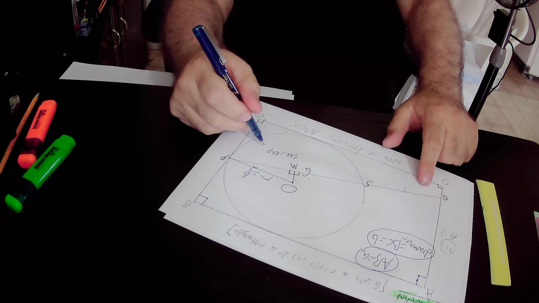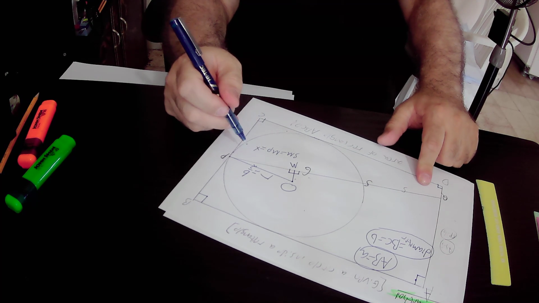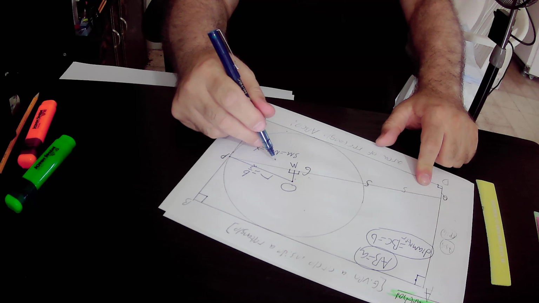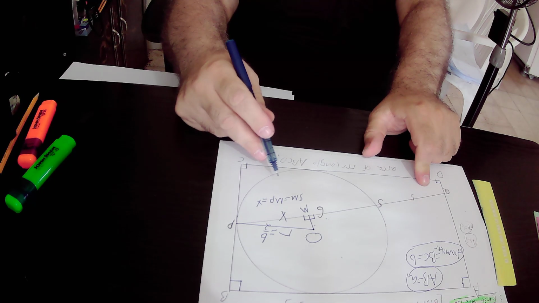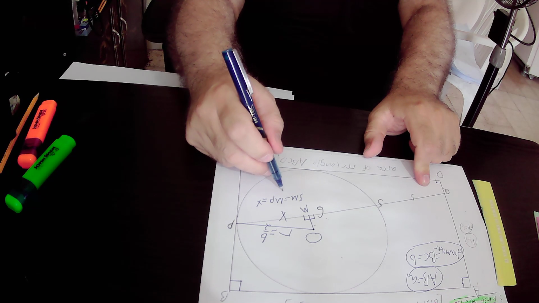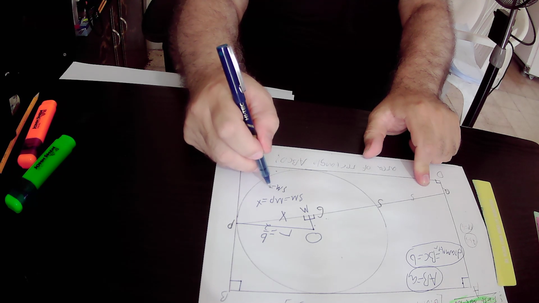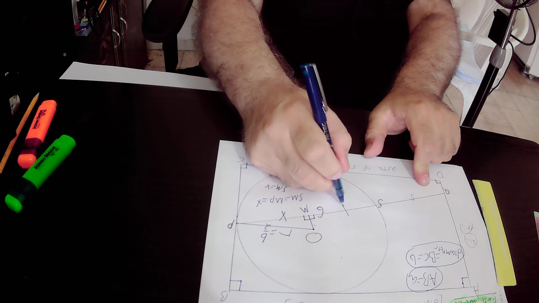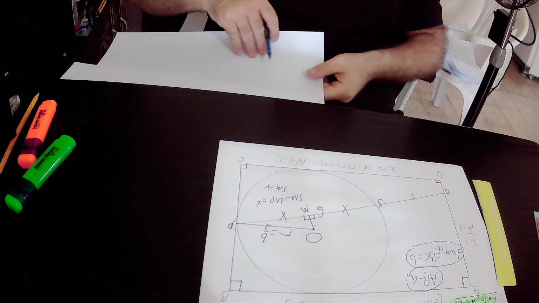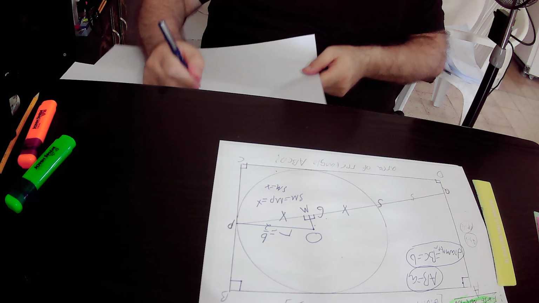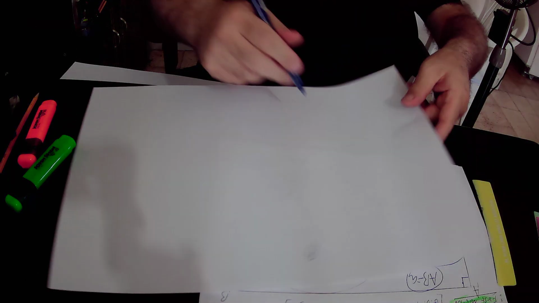So if we define MP as X, then from the equation SM equals MP equals X, we derive that SM is also equal to X. So here X plus X is equal to SP.